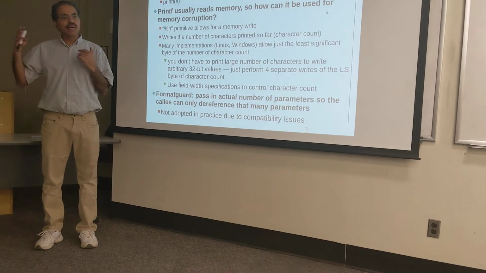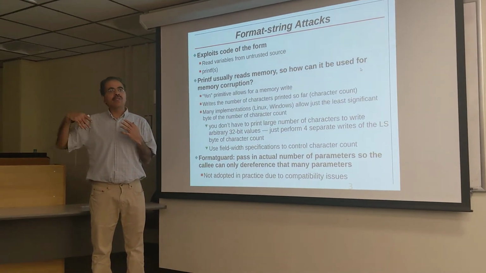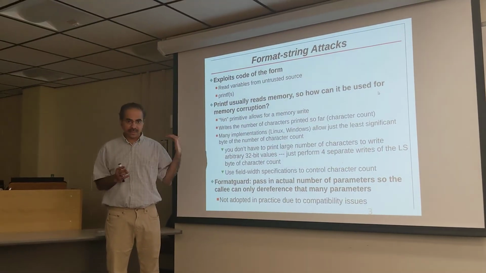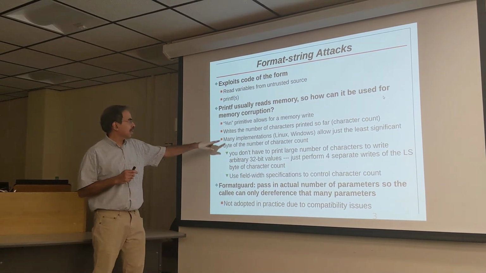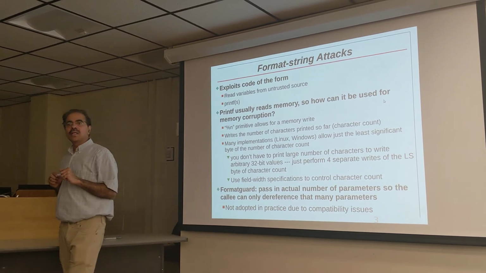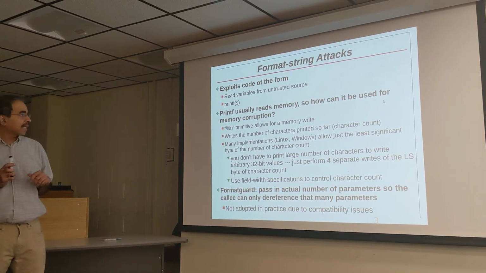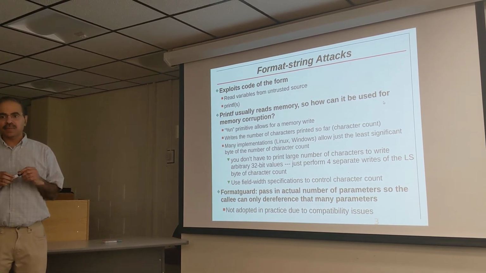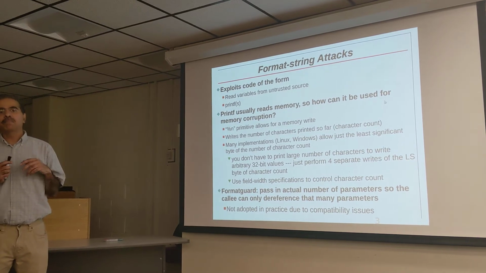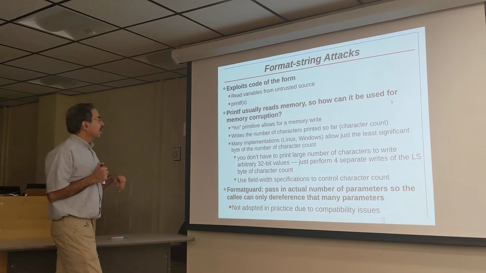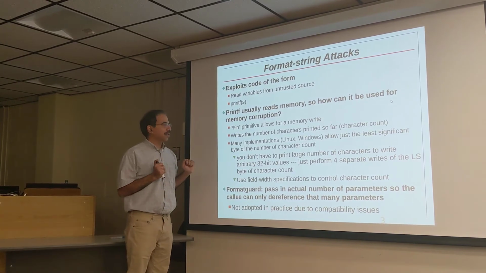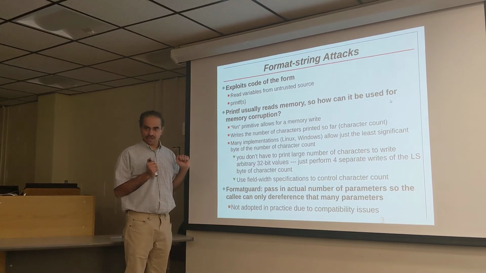And if enough characters have been printed, it's going to print a new line and go to the next line. So in order to support those sorts of things, there is a %n primitive. You can ask printf how many characters you have written, and it will store that value into some variable. And now this primitive allows the attacker to write to memory.